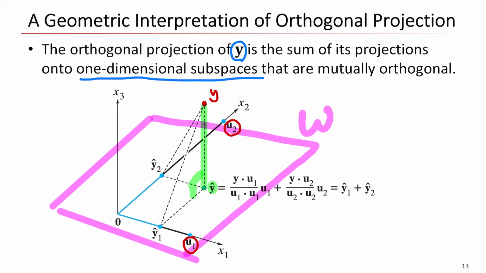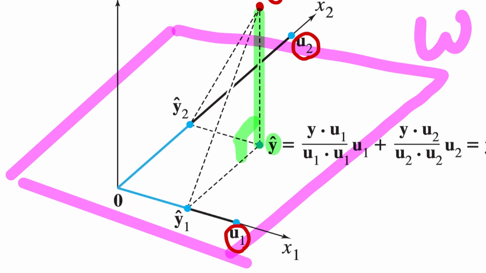So what is the geometric interpretation of this y hat? In this case, if we can find y hat 1 and y hat 2, then y hat can be represented by the summation of these two terms, right?